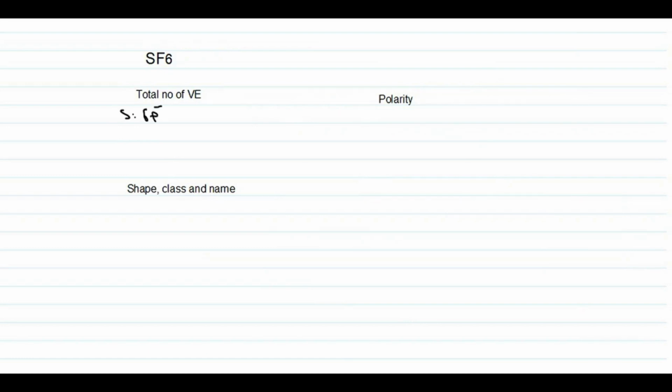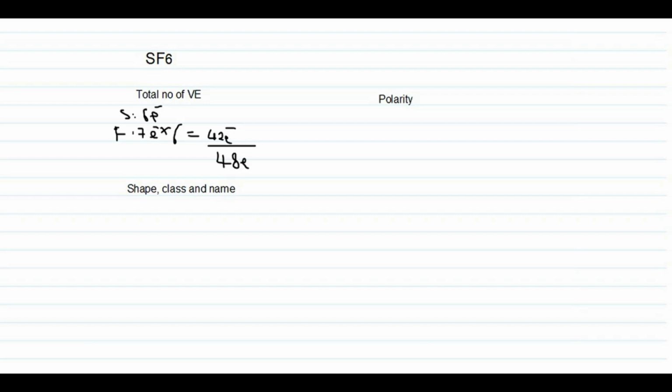Meanwhile, fluorine has 7 electrons, but we multiply by 6 because it has 6 fluorines. So in total, it has 42, and 42 electrons plus 6 electrons from the sulfur, we have 48 electrons.